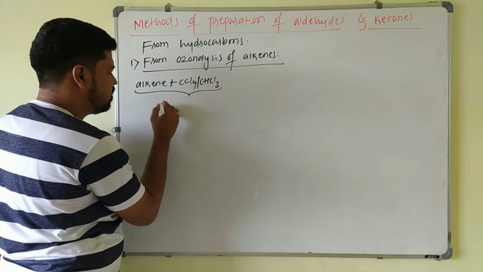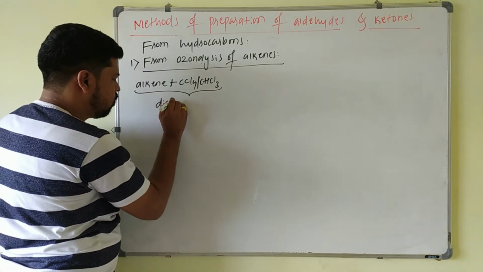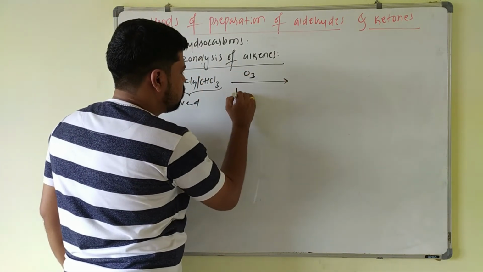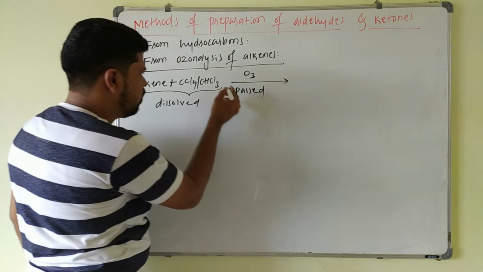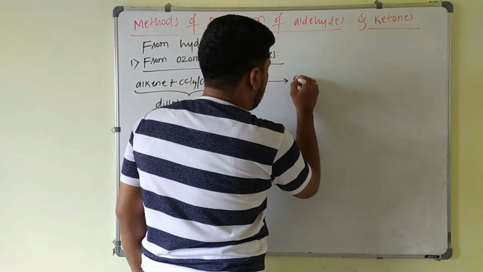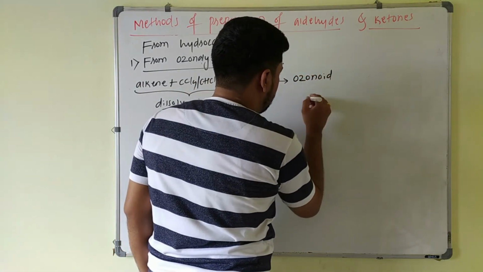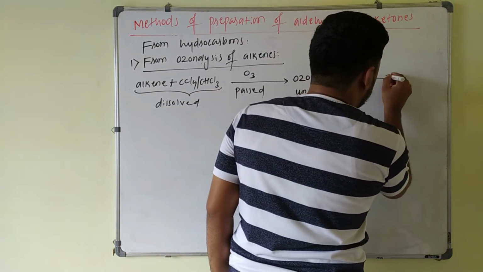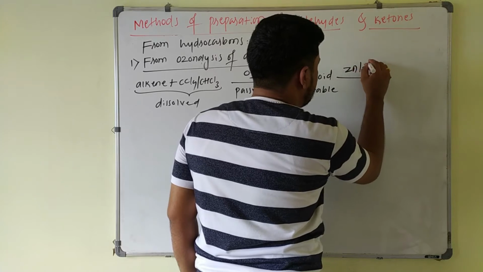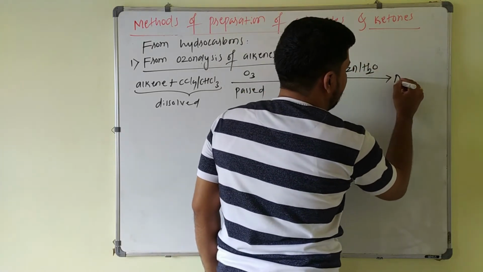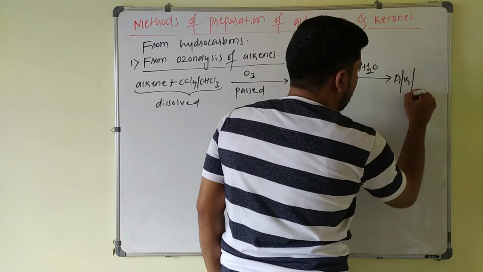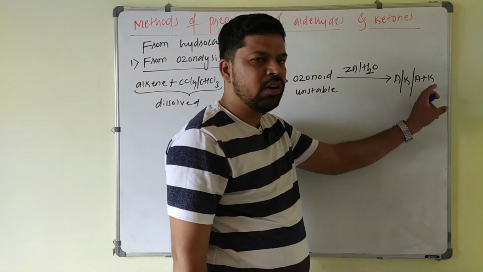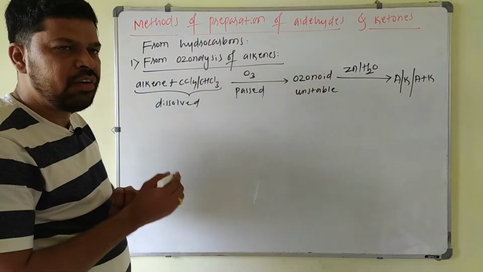They are dissolved in what? CCl4 or CHCl3. Then a stream of ozone is passed through this mixture to form an unstable ozonoid, an unstable intermediate. This unstable ozonoid on reductive cleavage in presence of zinc dust and water gives aldehyde, or ketone, or sometimes both, a mixture of aldehyde and ketone. That depends on the nature of the alkene we have taken.